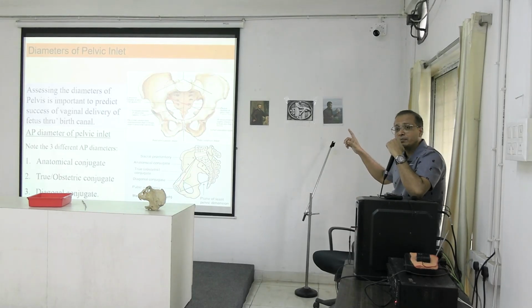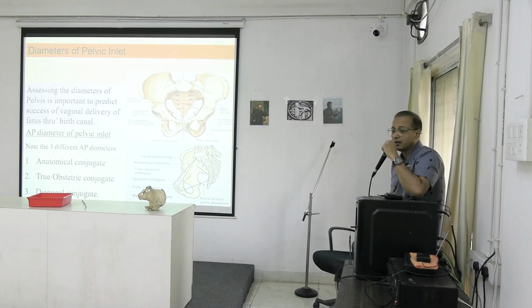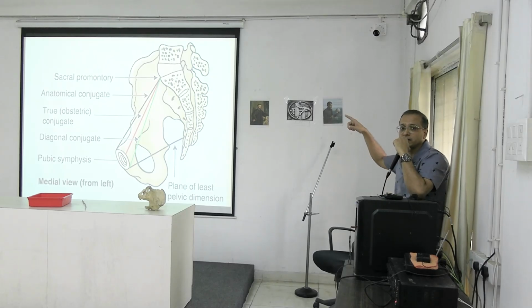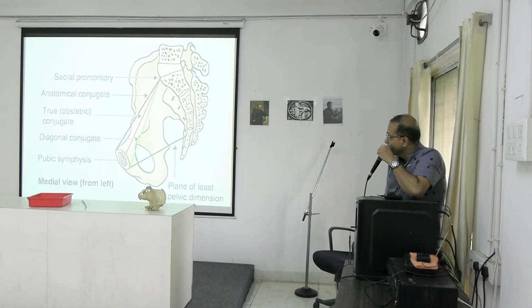we are measuring the diameters of the pelvic inlet, and here the anterior-posterior diameter means emphasizing measurements from the anterior to the posterior side. We call these conjugates. From 3 points we can measure this anatomical length: symphysis pubis to the sacral promontory, from the symphysis pubis at 3 points: above, below and middle.